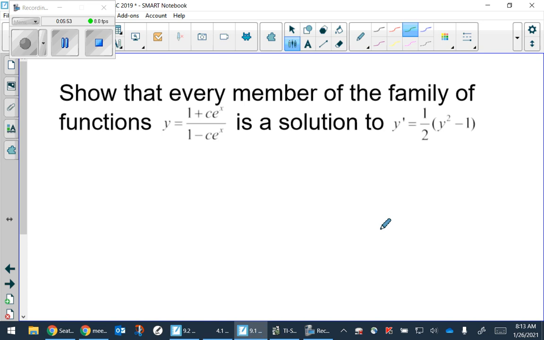And that's pretty consistent throughout the entire book, that when you see a C, it means constant. So C might be 5, C might be 7, C could be any number. Therefore, there's an infinite number of members of this family of functions. Now, we've got to show that that is indeed a solution to this differential equation right here.